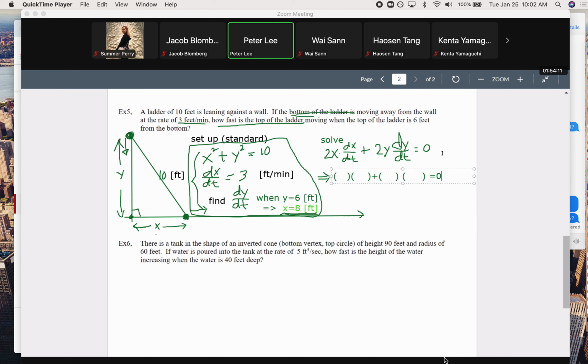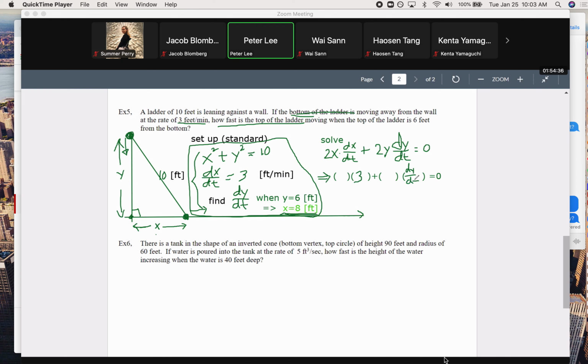All you have to do is fill it in. The 2's are all gone now, and now we fill it in. What's this? dx/dt is 3. And then what's dy/dt? Well, that's what you're looking for. So that is the question.